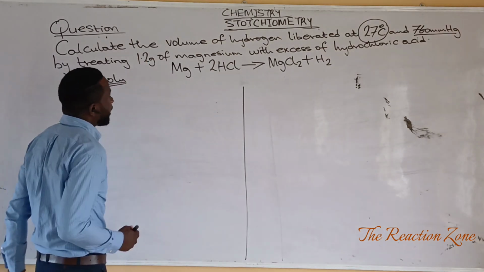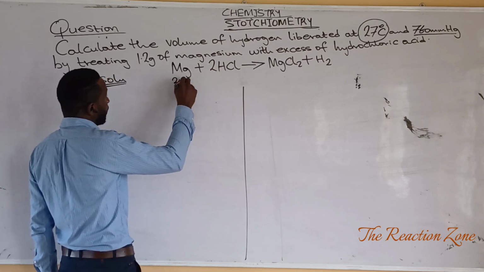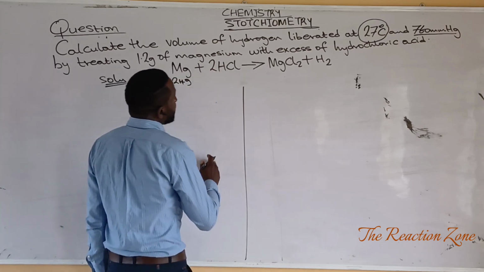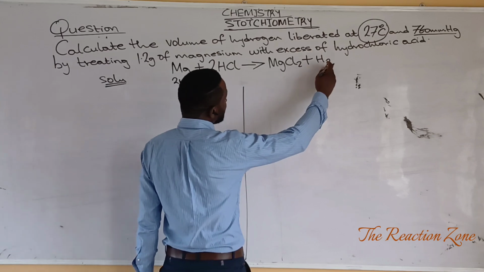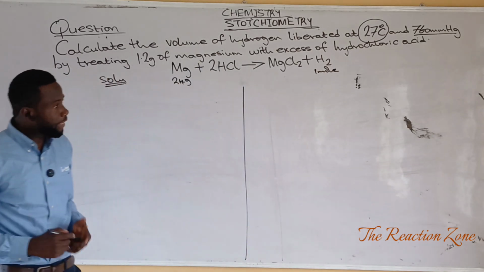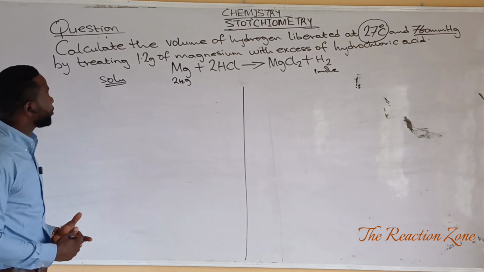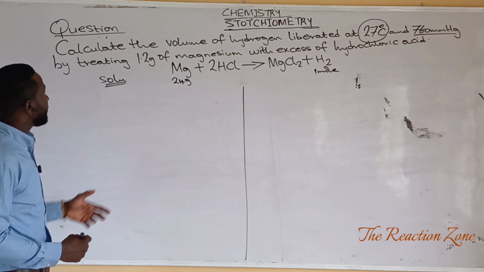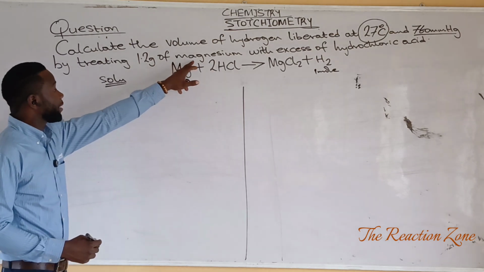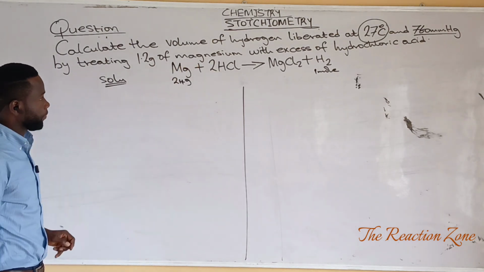Now, looking at the balanced chemical equation, the mass of magnesium here is 24 grams. The number of moles of hydrogen is 1 mole. Remember that the first thing we want to find is the volume of hydrogen that will be liberated by 1.2 grams of magnesium at standard temperature and pressure.